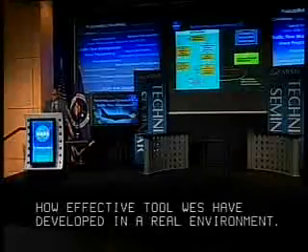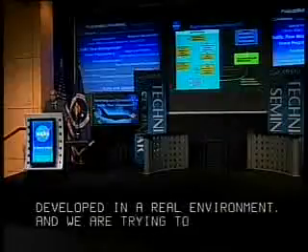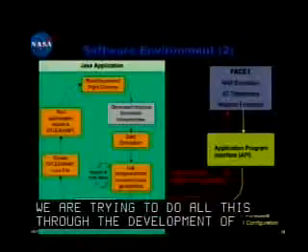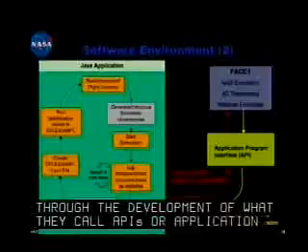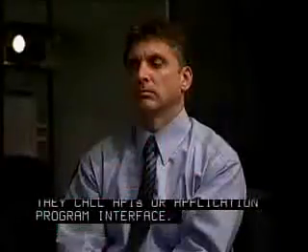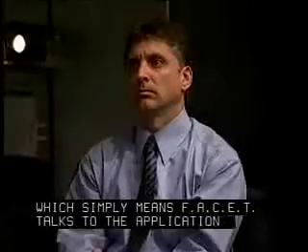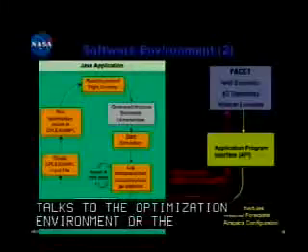And we are trying to do all this through the development of what they call APIs, or application program interface. Which simply means Facet talks to the application program interface, which in turn talks to the optimization environment or the CPLEX environment, or maybe to CTAS.